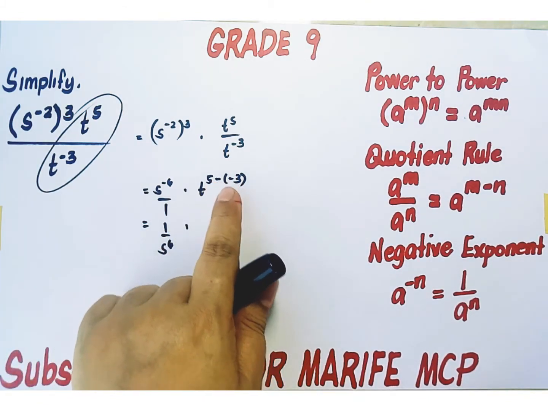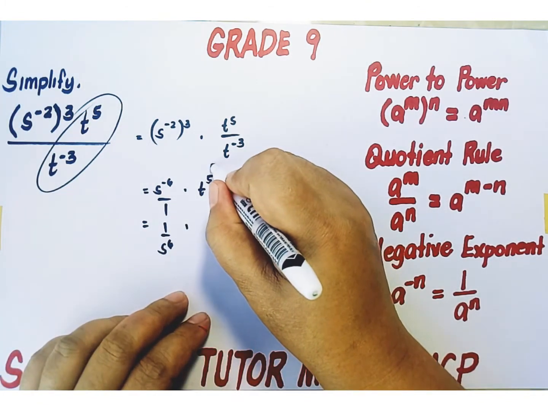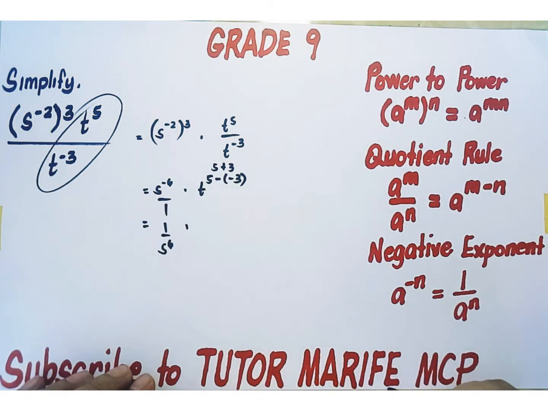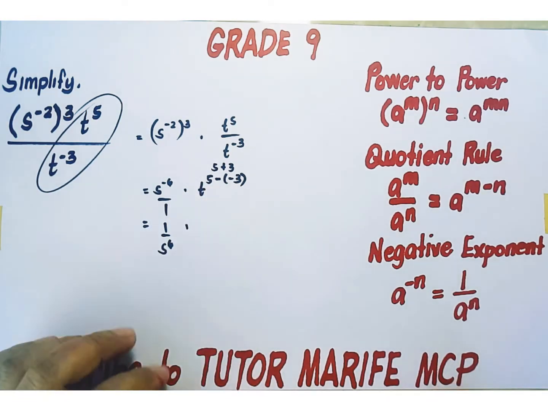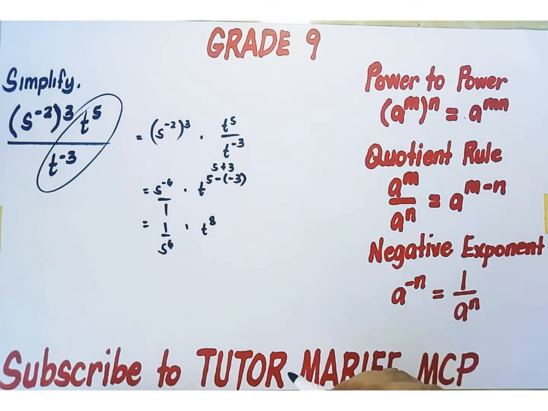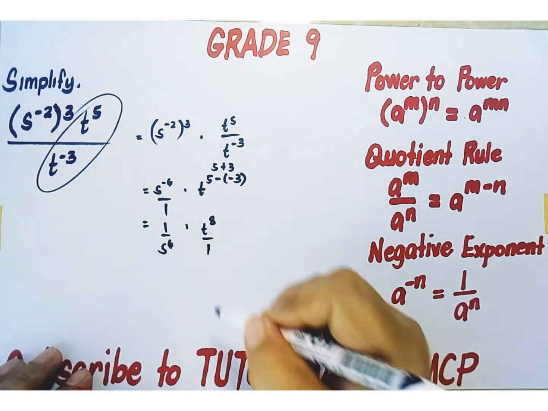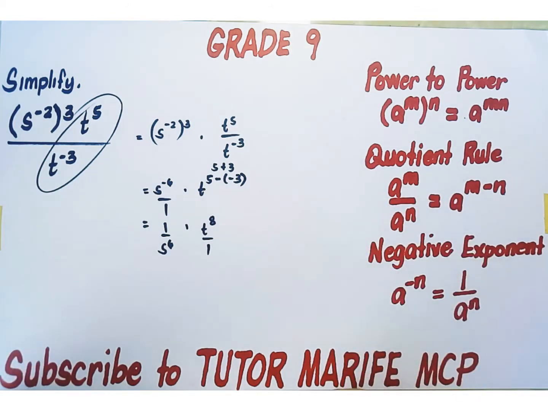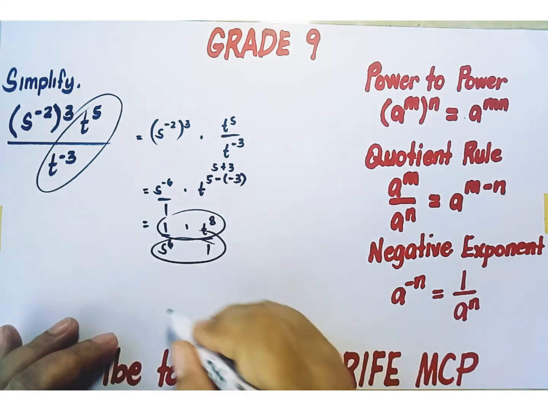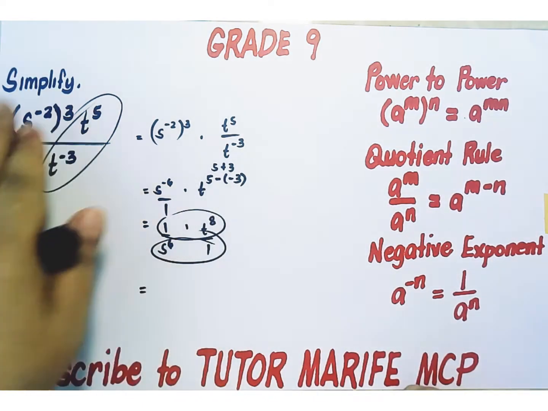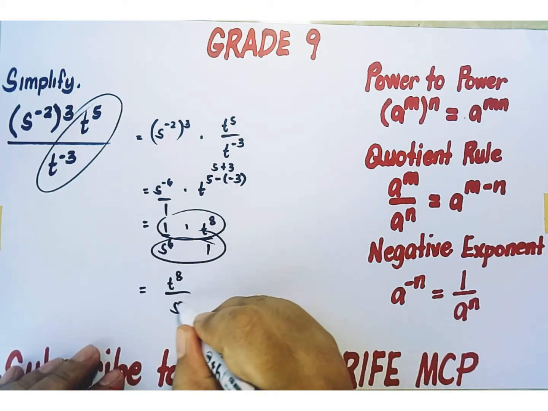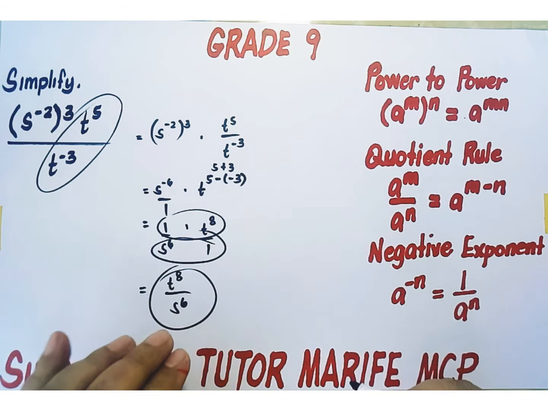Evaluate the difference. 5 minus negative 3 is the same as 5 plus 3. And 5 plus 3 is equal to 8. So t raised to 5 minus negative 3 is equal to t raised to 8. Again, any number has an invisible denominator of 1. Express the final answer as a single fraction, multiply the numerators and multiply the denominators. In simplest form, the fourth given expression is equal to t raised to 8 over s raised to 6. This is the final answer.